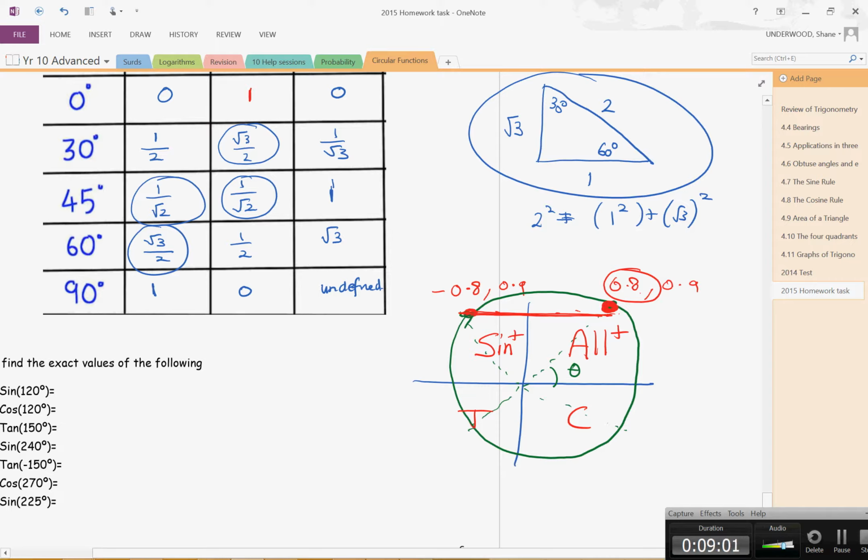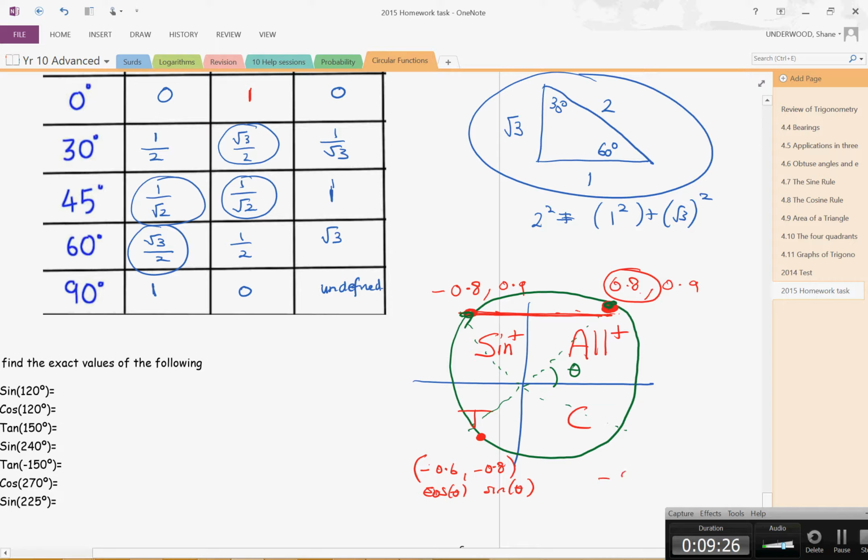In the third quadrant, tan is positive because what can you tell me about if I had a value here? Let's just say this is negative 0.6, negative 0.8. What can you tell me about cos theta and sine theta? They're both negative. So tan theta is sine on cos.